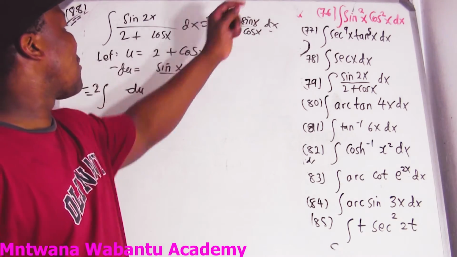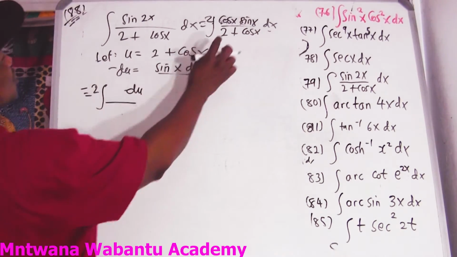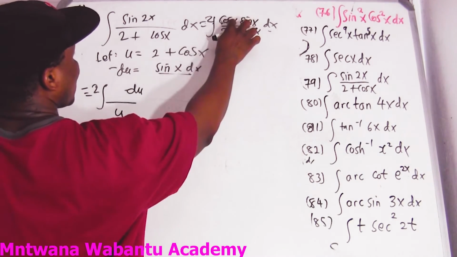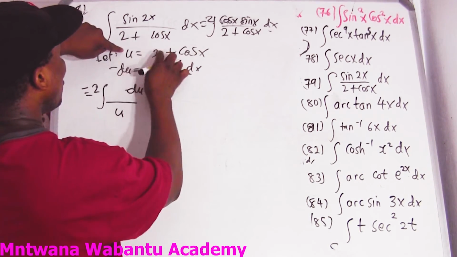So the problem here is what about the cos? I'll substitute now: 2 plus cos x equals u, so cos x equals u minus 2.